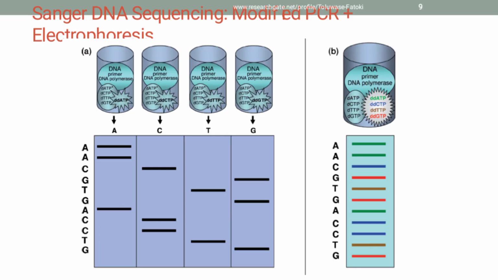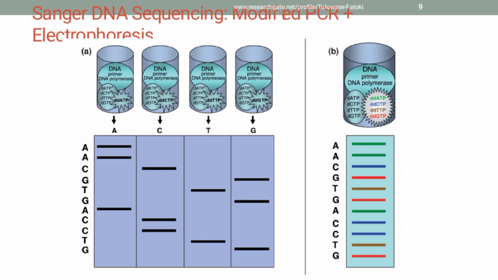After the electrophoresis, the gel was stained with ethidium bromide so that we are able to see the spots where the DNA fragments are on the gel, and then the gel was visualized under UV. So he read the bands from the bottom, because the smaller fragments will be the ones that migrate faster in the electrophoresis gel.